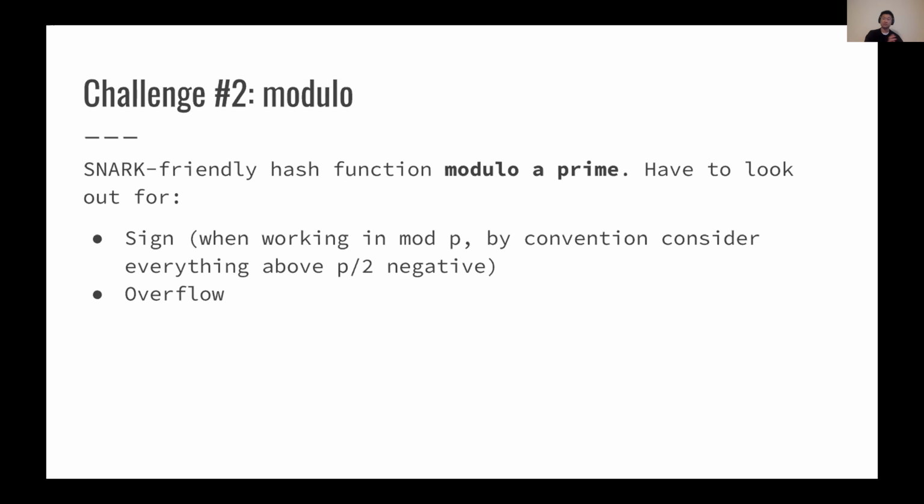So we have this modulo circuit that ends up being something like 100 lines in Circom, where we're doing overflow checks at each step.